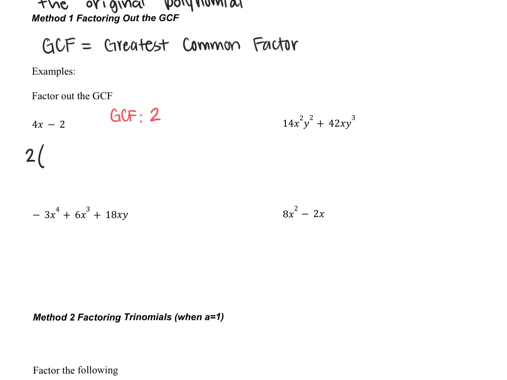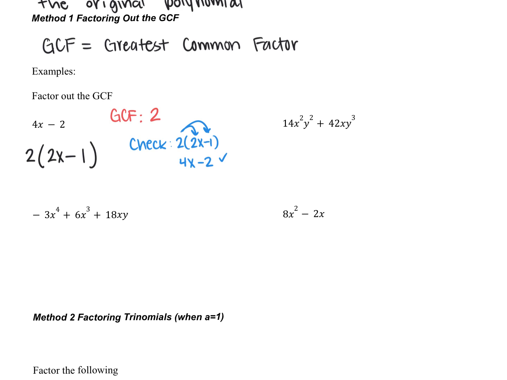So 4x divided by 2 is 2x, minus 2 divided by 2 is 1. And then if I were to check my answer, I take 2 and I distribute it back into my parentheses, I get 4x minus 2, which is what I started with.